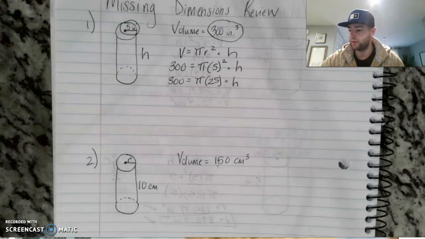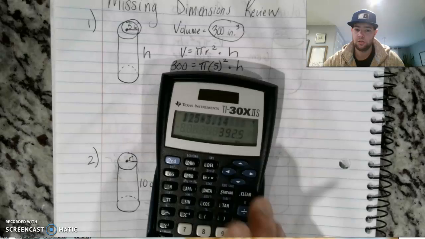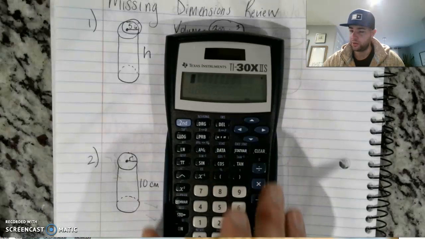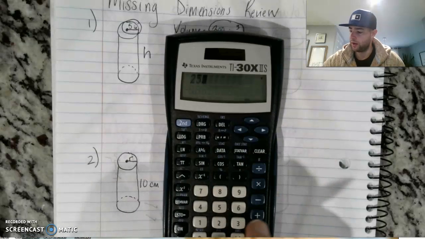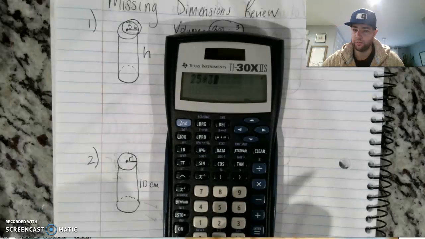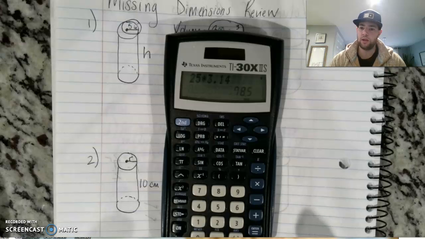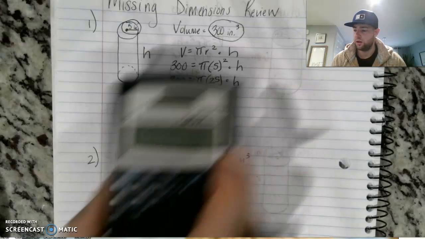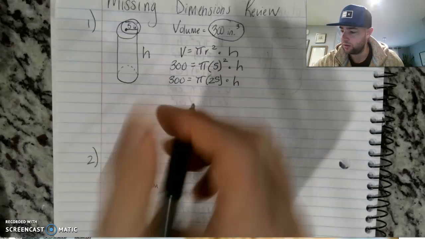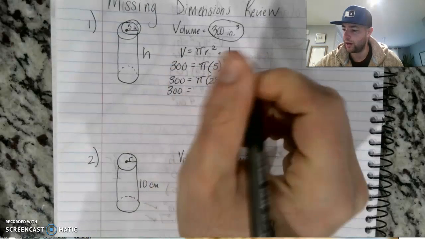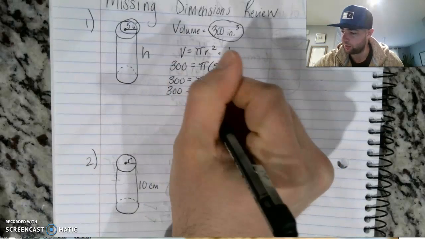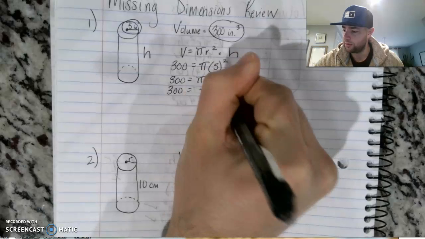So in my calculator, I'm going to take 25, multiply it by pi, which we're using 3.14, and hit equals, and we get 78.5. So I'm going to bring down 300 equals, we just simplified pi times 25 to 78.5 times h.